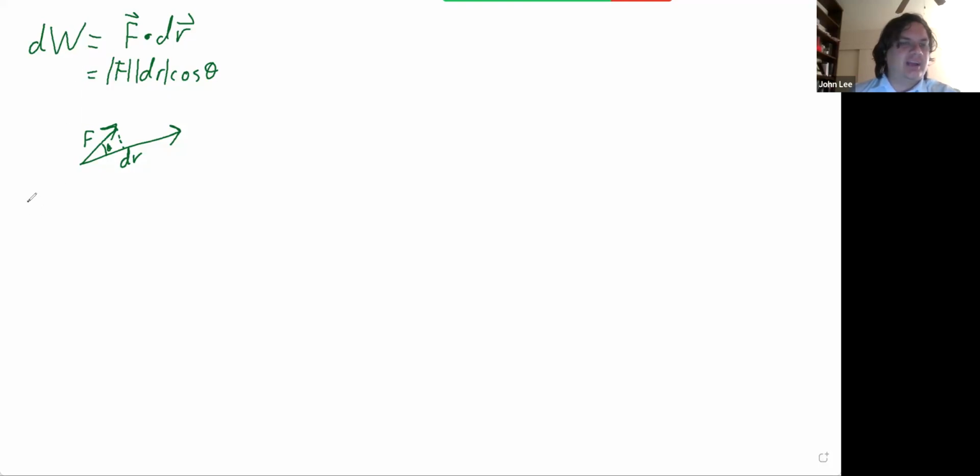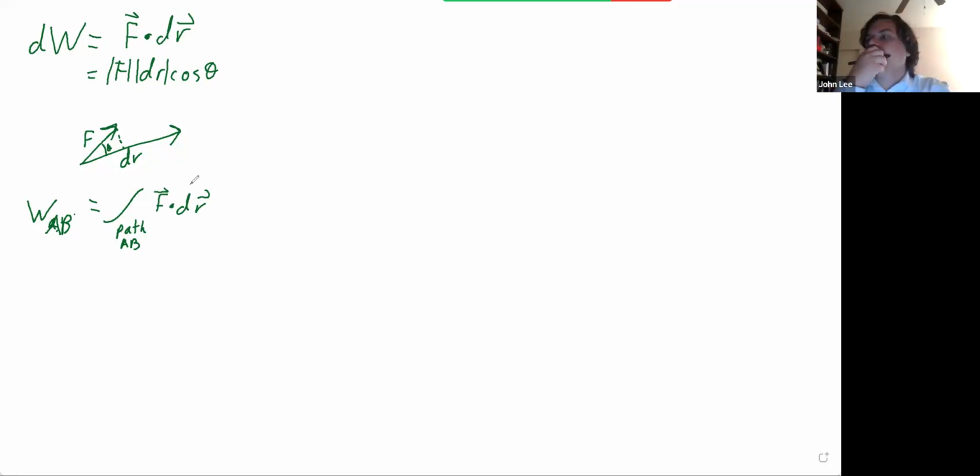Then the actual work as you go from path A to B is equal to the integral from A to B of F dot dr. And if you have any questions, of course, feel free to bring them up. I'm just kind of rambling to myself when I do these lectures usually, so it's really helpful to have somebody else here. So it's just the integral of that infinitesimal that is going to give you the total work done.